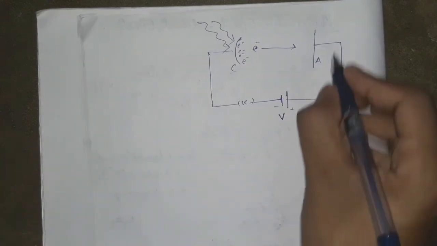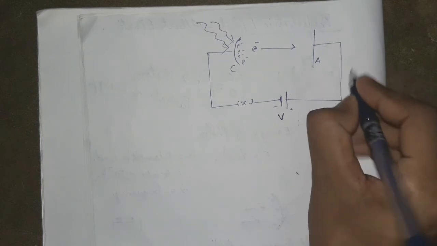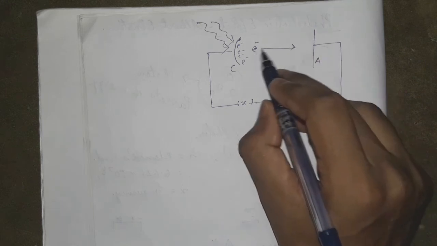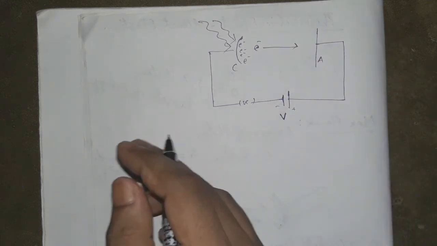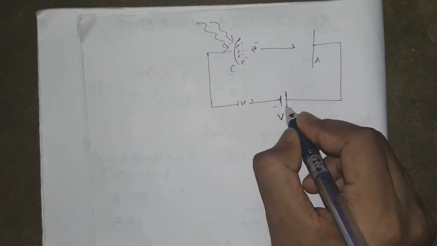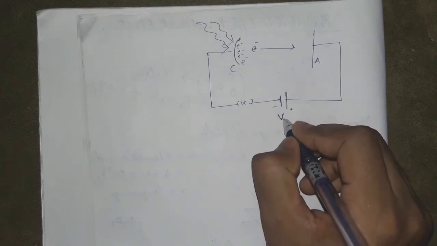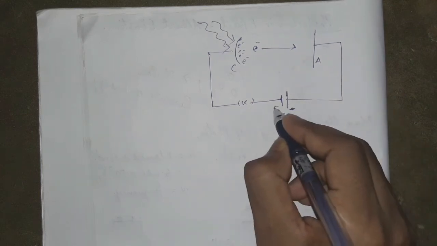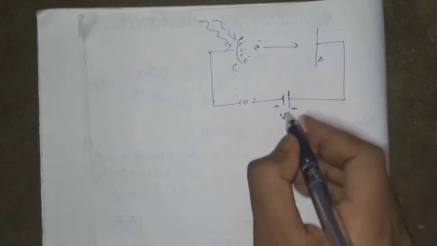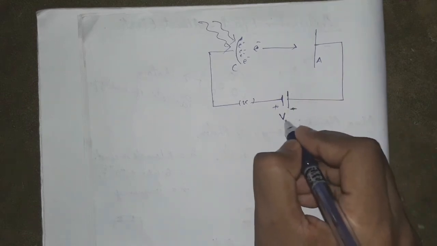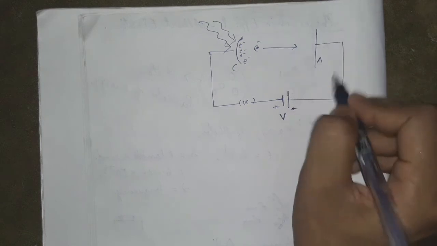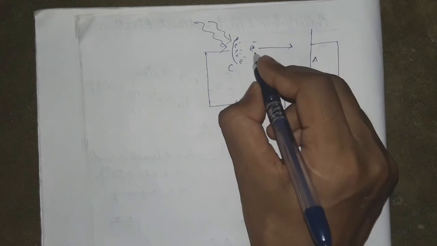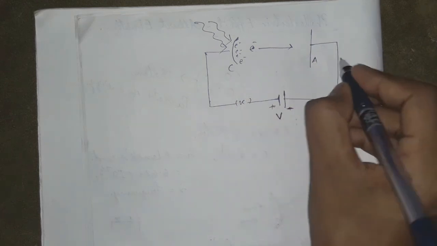Now if we want to calculate the maximum kinetic energy of one electron, we have to apply a negative potential. If we keep increasing the negative potential, at a certain potential the velocity of the electron will be zero.